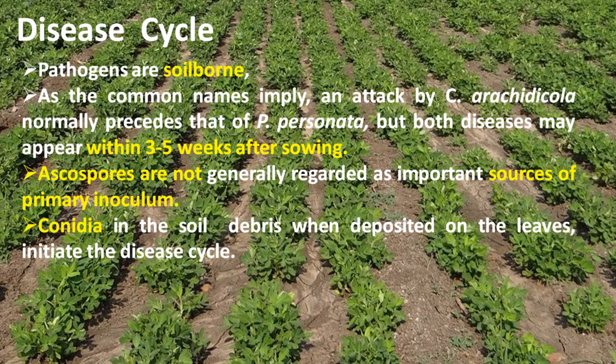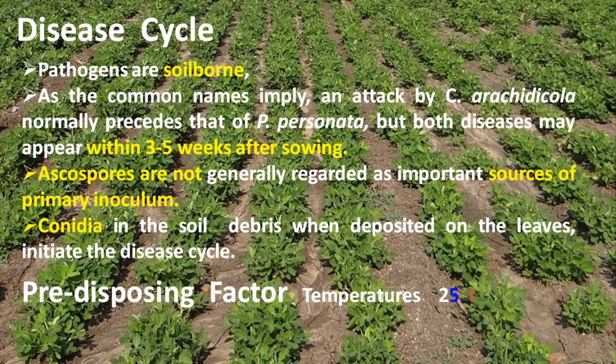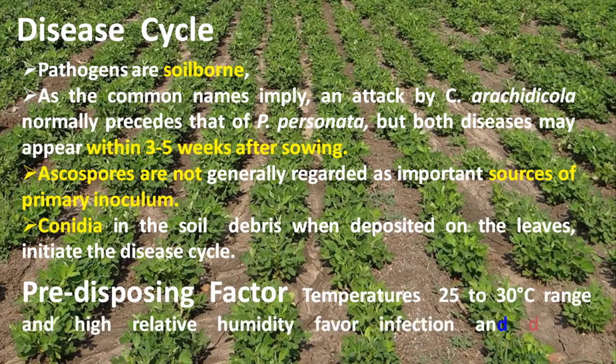Whenever we think about a disease cycle, certain predisposing factors are very important. That means the environmental factors which control this disease, we have to take into consideration. The temperature required here for actual disease commencement or multiplying of this fungus is around 25 to 30 degrees Celsius, whereas the relative humidity required here is very high.